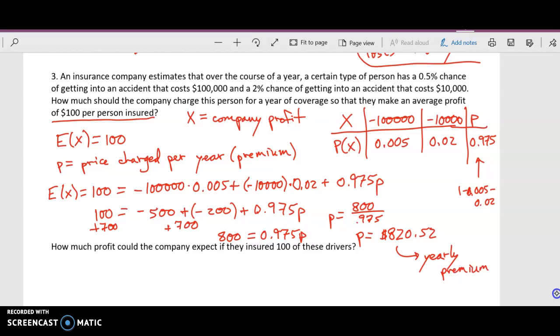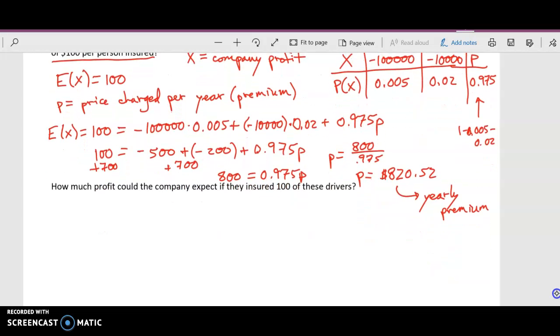Okay. How much profit should the company expect if they insured 100 of these drivers? Well, if we're expected to make $100 off of each of the 100 people, that's $10,000 a year.